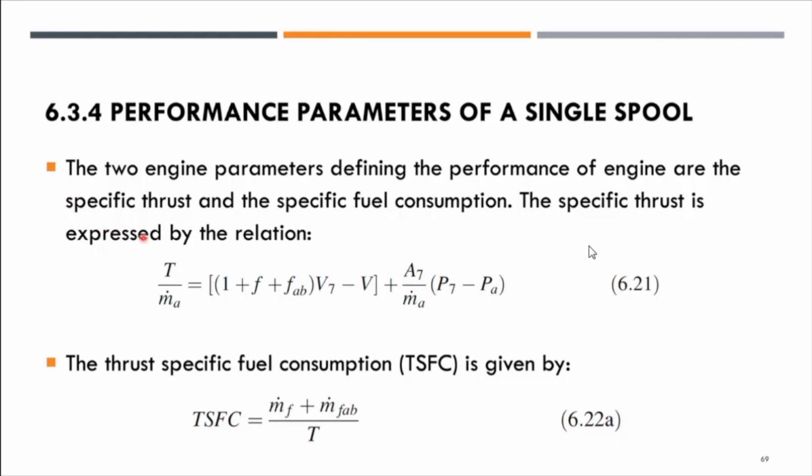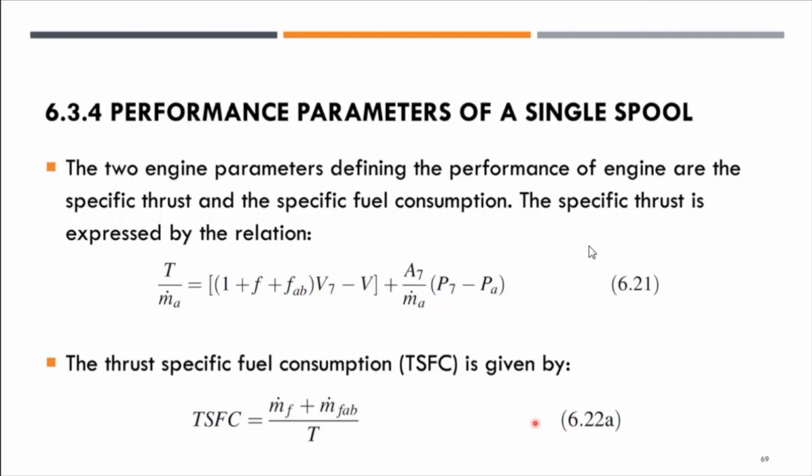All right. So for the specific thrust, normally specific thrust is expressed by T over the mass flow rate, and that's where we call it the specific thrust relationship. Okay, and being expressed in equation 6.21, and the TSFC, thrust specific fuel consumption.